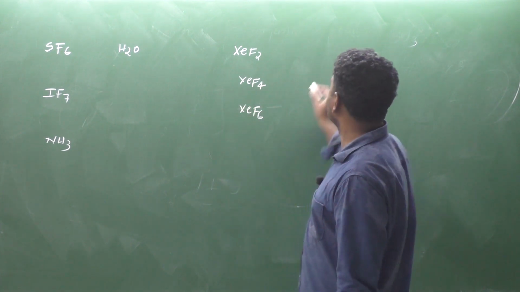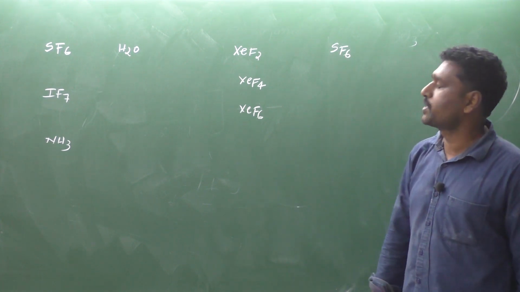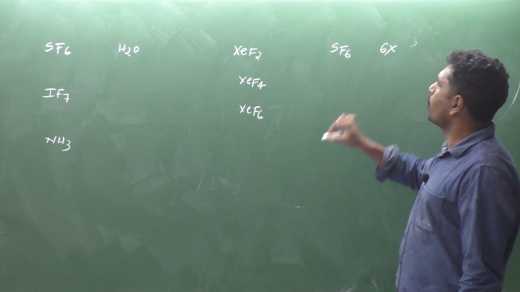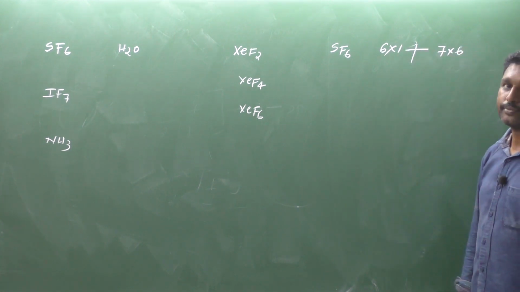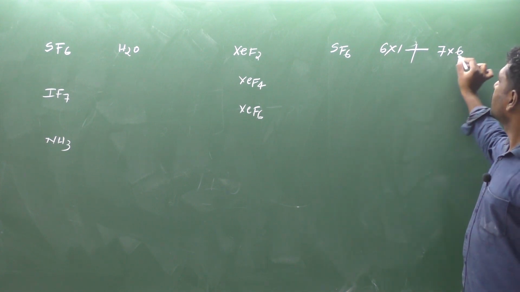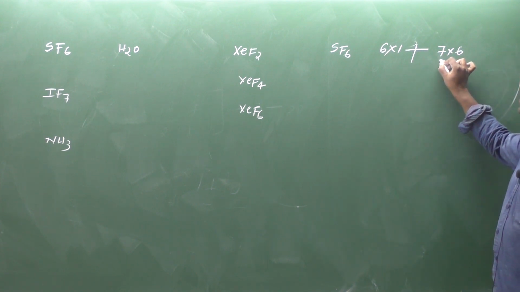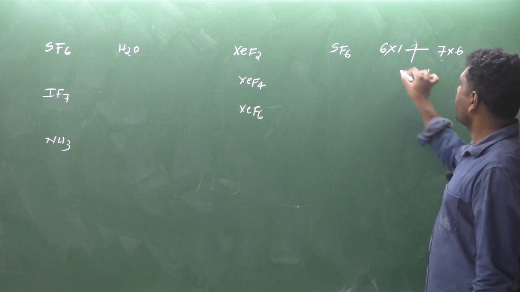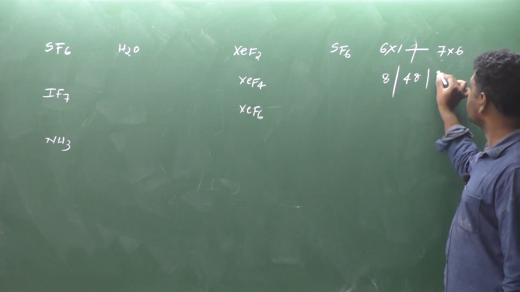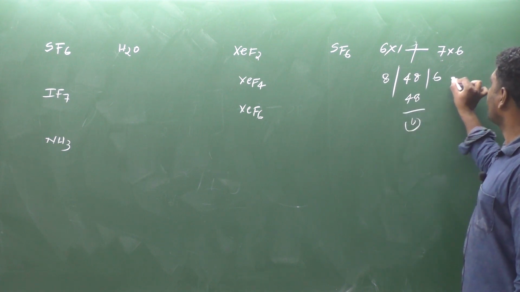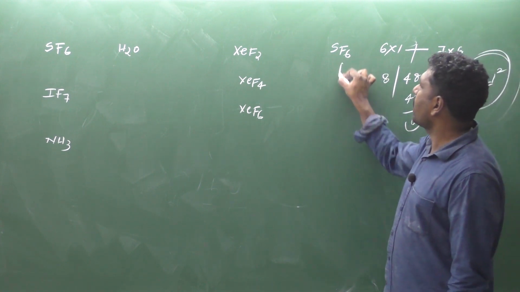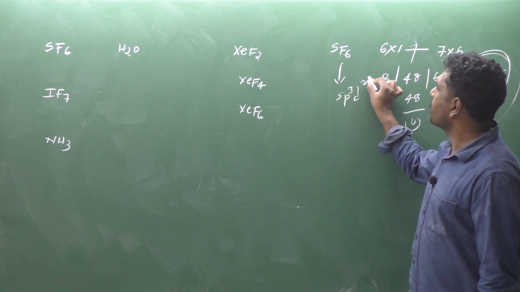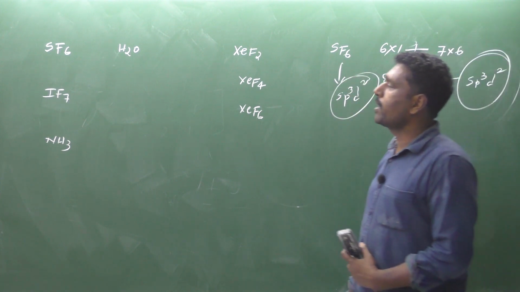First SF6, we will check it. Sulfur belongs to group 6, plus 7 into 6, 42 plus 6, 48. Divide by 8, 6 times 48, remainder 0. sp3d2. So the hybridization of sulfur in SF6 is sp3d2. This is the simple method to calculate hybridization.